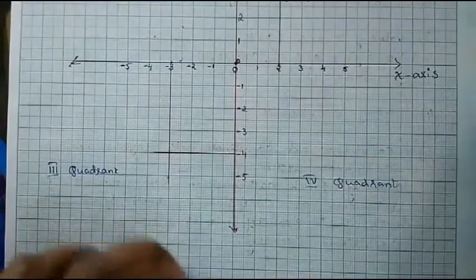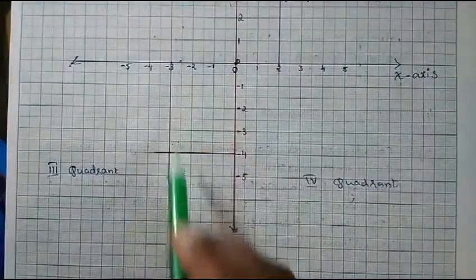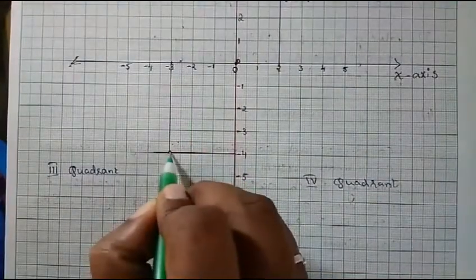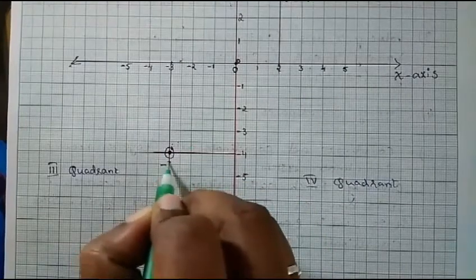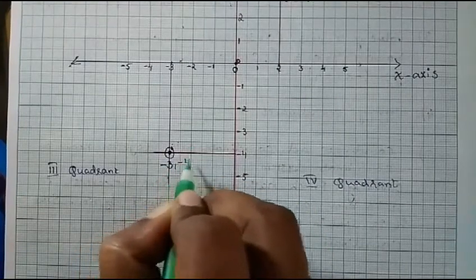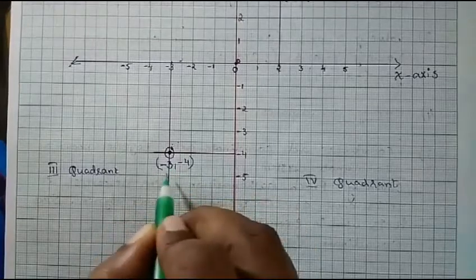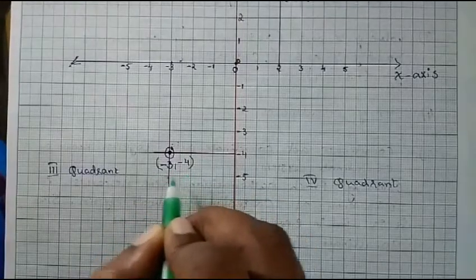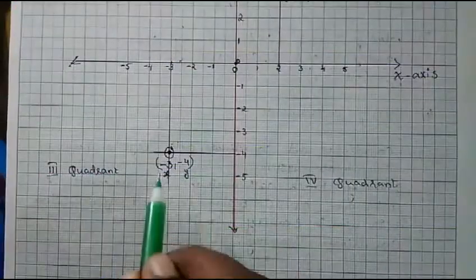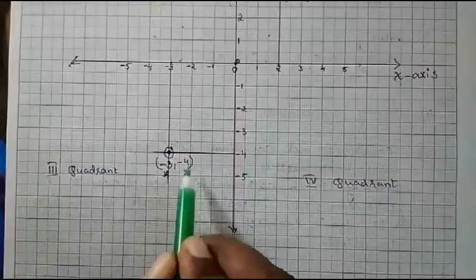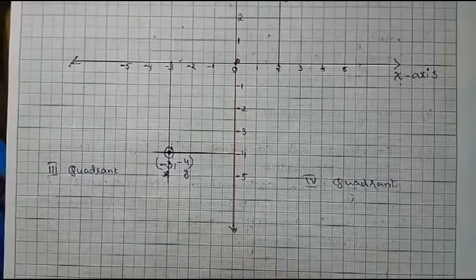Now the point where they meet, that point we write as (-3, -4). I told you always first the x-axis value and then the y-axis value. Always first abscissa and then ordinate, or first x coordinate then y coordinate.